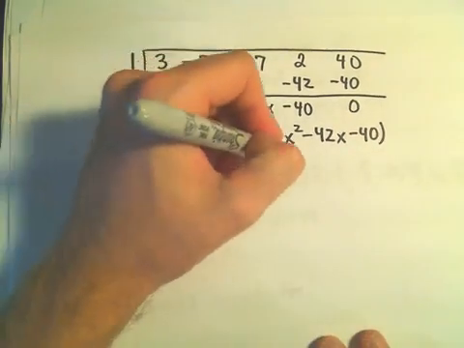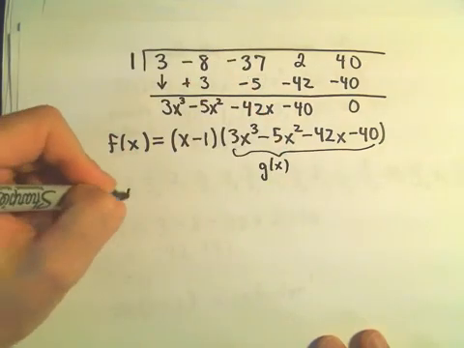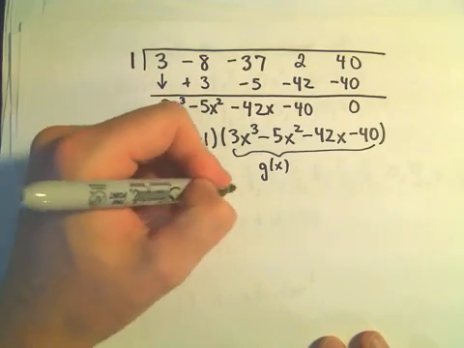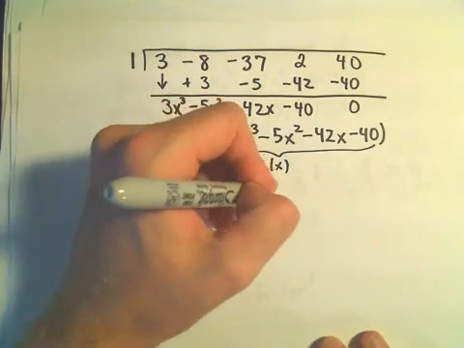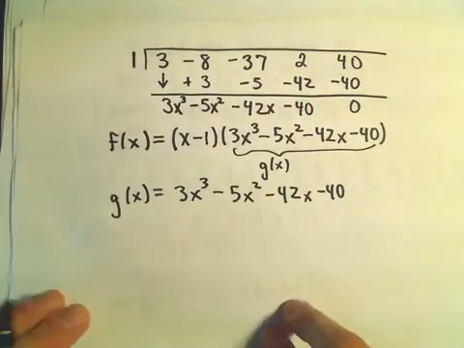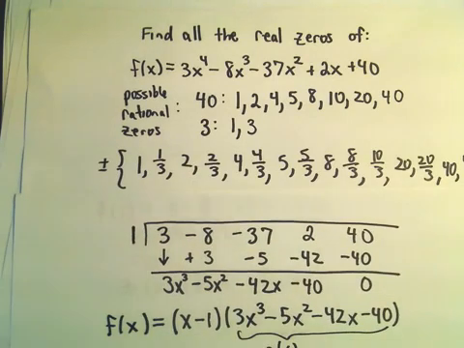Maybe we'll call this function g of x, just because it's something a little different. So g of x is 3x cubed minus 5x squared minus 42x minus 40. We've got a bunch of different candidates here.